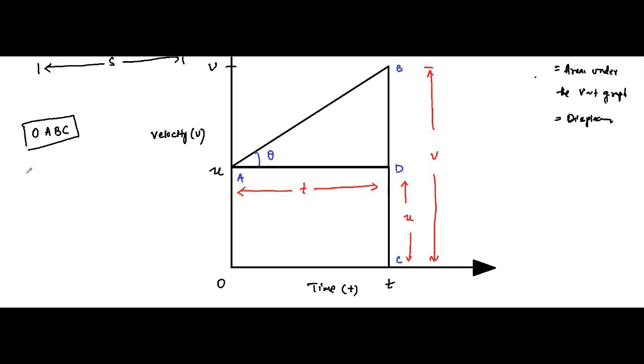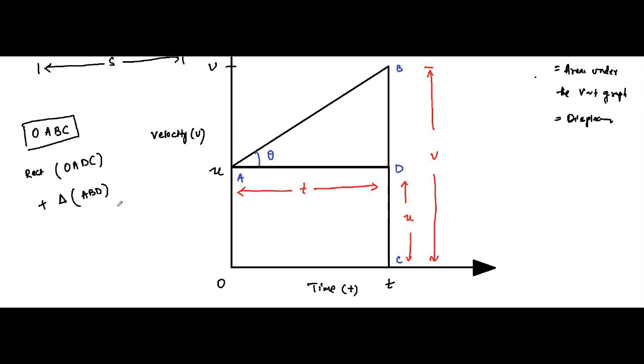First, the rectangle OADC plus the triangle ADB or ABD, whatever you want to call it. So the total area is the area of the rectangle plus the area of the triangle.